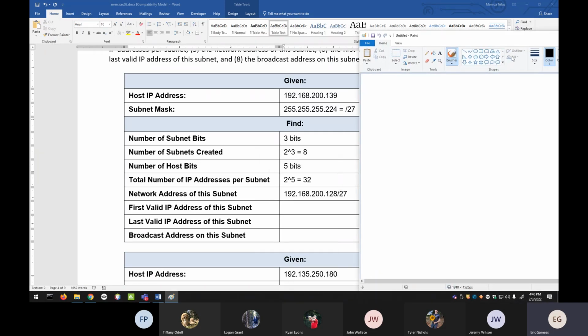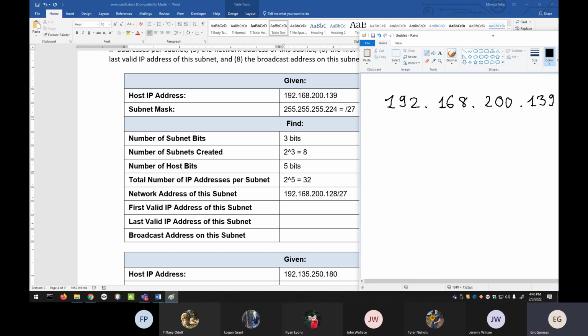The initial IP address is 192.168.200.139.